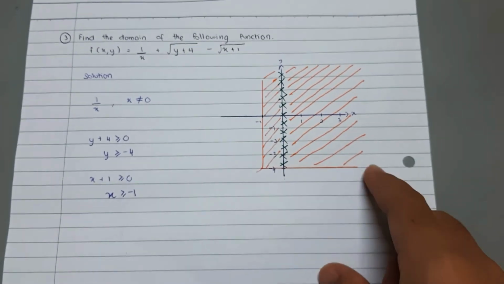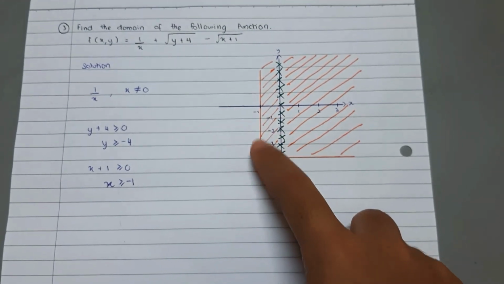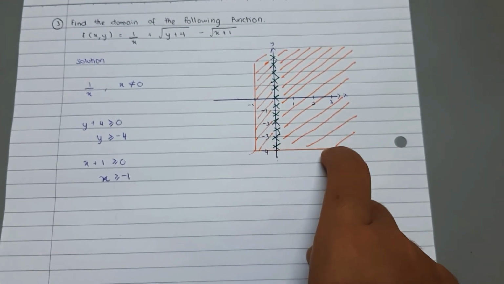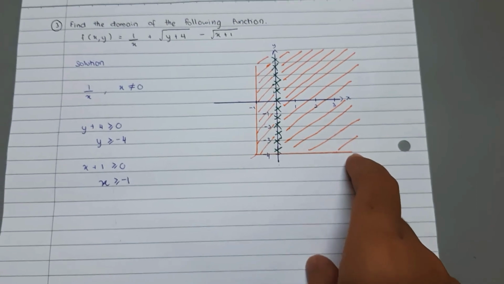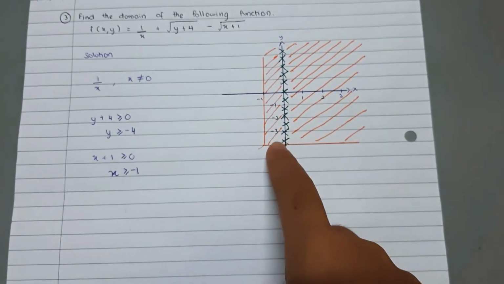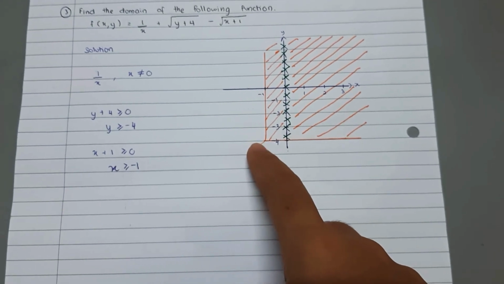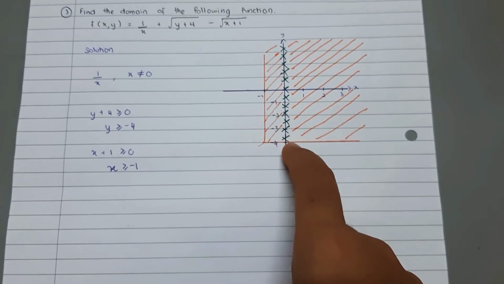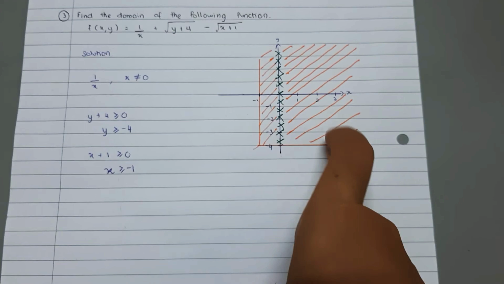So we show the domain area in the graph. We plot x and y. We know that y is greater than or equal to negative 4, so that is up here.